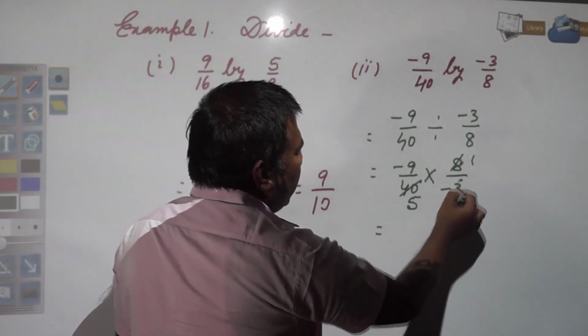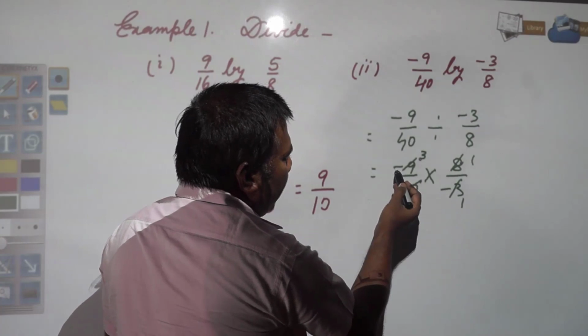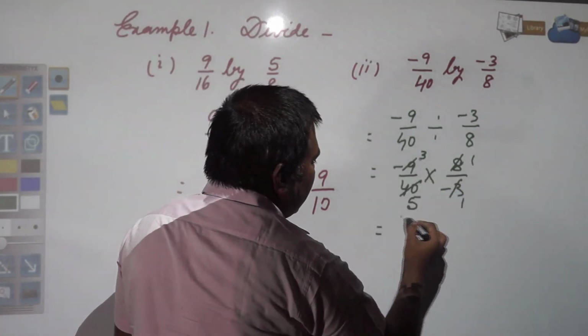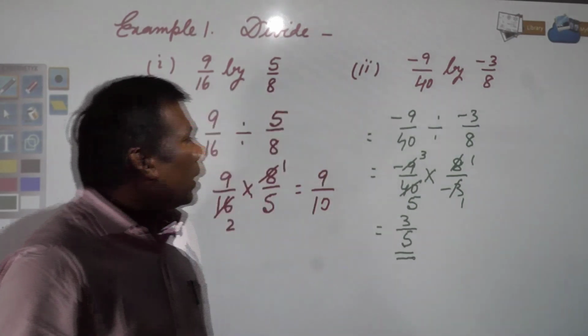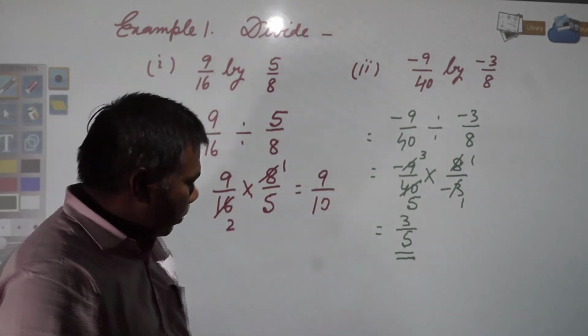Now you see 3 1 is 3 and 3 3 is 9. Minus and minus got cancelled. So what did we get finally? 3 1 is 3 and 5 1 is 5. This is your answer. Like this, many other questions are there. I think you will be able to solve.